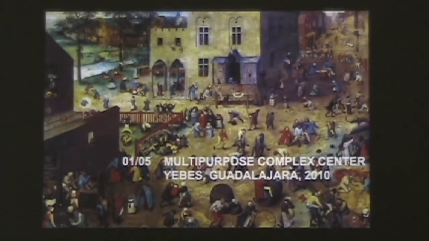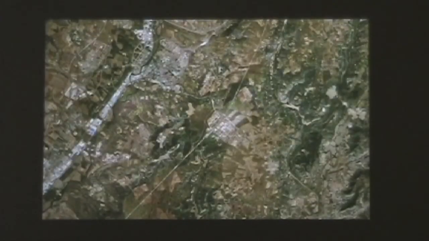Okay, the multipurpose complex center in Yeves, Guadalajara. I'll have to go a little quick since we don't have much time left. The city of Yeves is this one over here, and the importance of the city comes from the line of the high-speed train, which goes all the way up to Barcelona, which is this line over here.